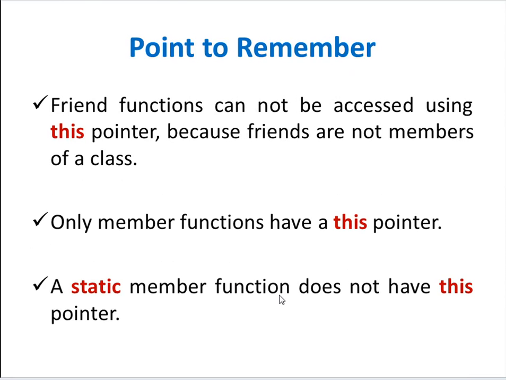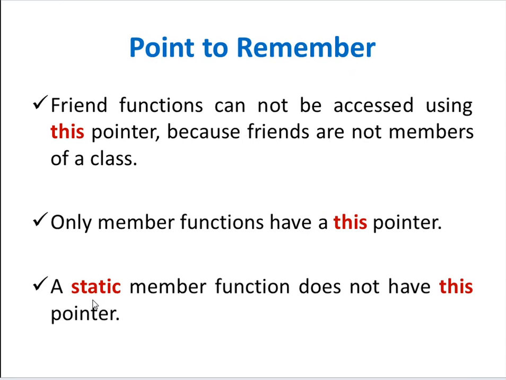To be remembered, in terms of the this pointer, a friend function cannot access the this pointer, because a friend function is not part of the class, it is not a member of the class. Only member functions have the this pointer.